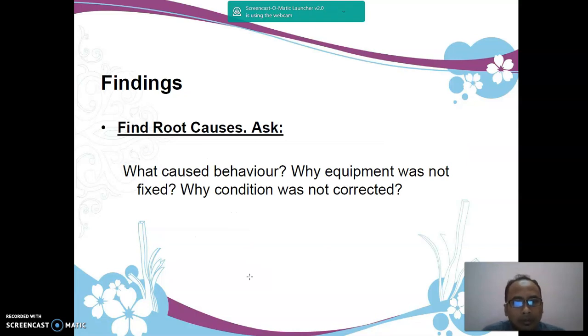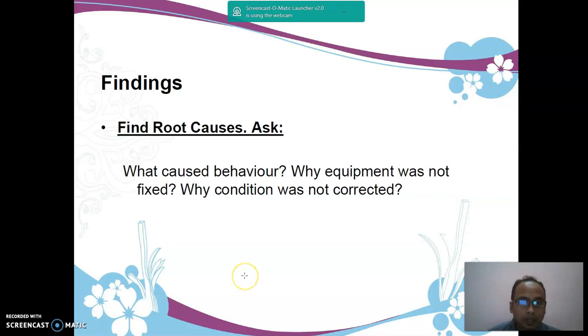And then you can find the root causes of the accident by asking these questions: what caused the behavior? Why was the equipment not fixed? Why was the condition not corrected? These are the things you can use to find the root causes of the incidents.